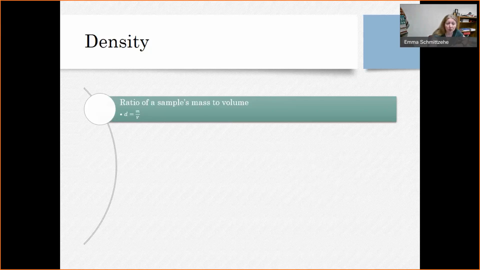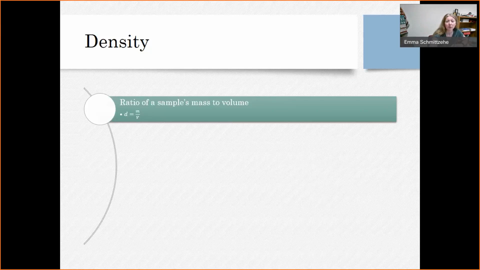Or alternatively, you could just measure the mass or just measure the volume of the sample. And if you know what that sample is, you can typically look up its density and utilize it to calculate the other thing. Okay.